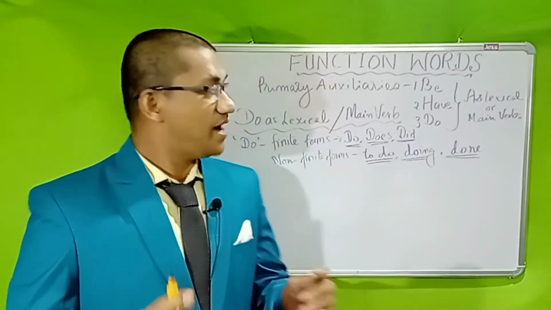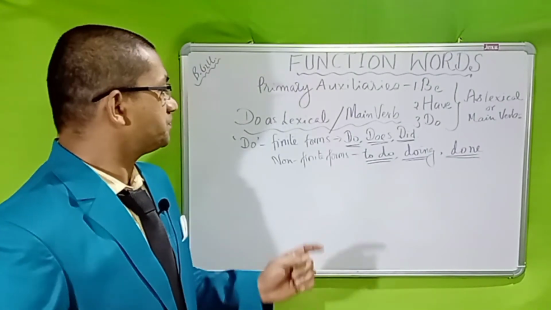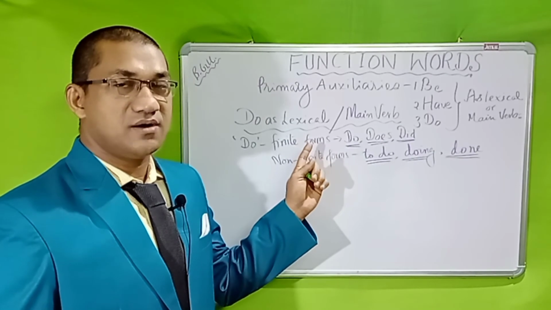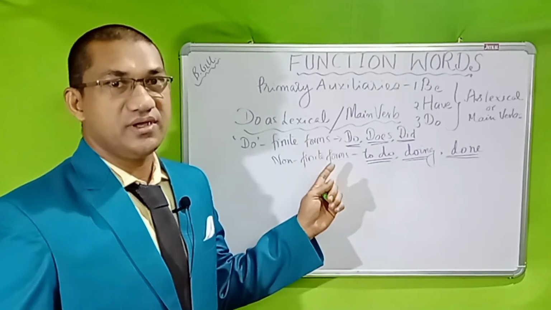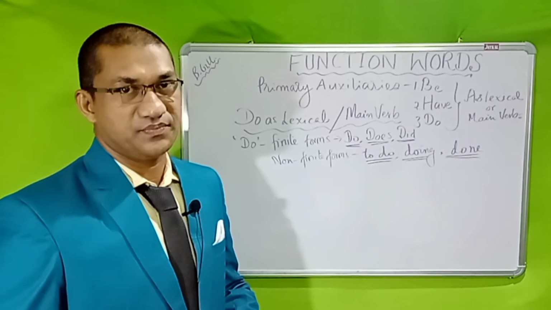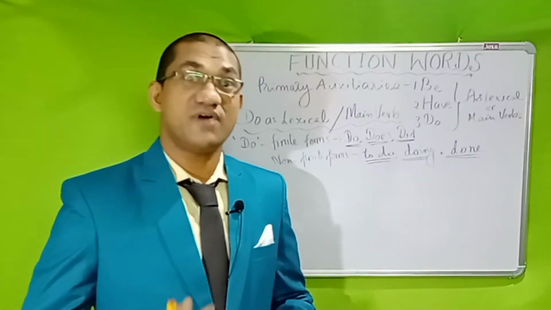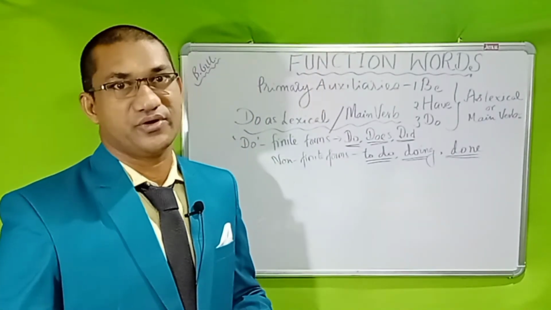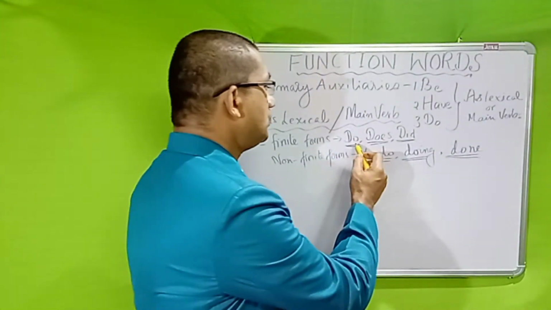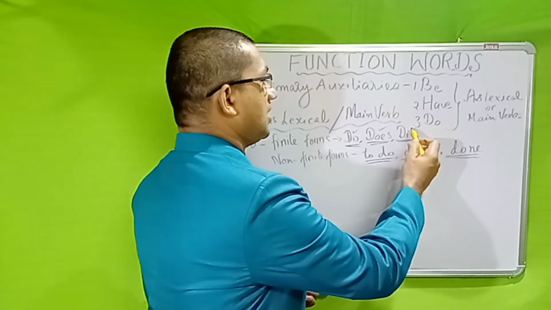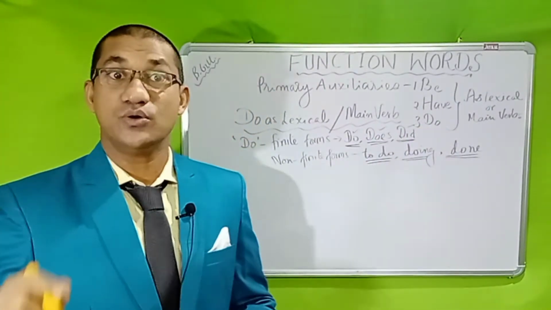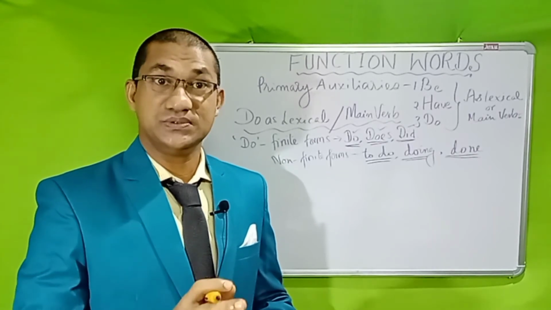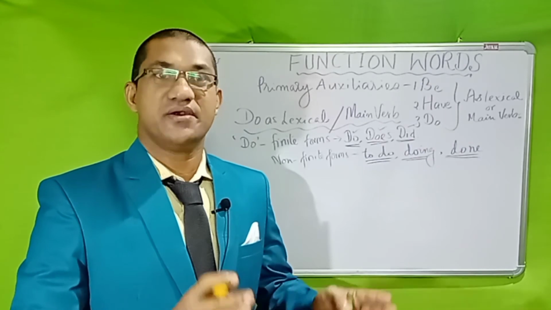Do has the finite forms. The finite forms of do are do, does, and did. So do has three finite forms: do, does, did.